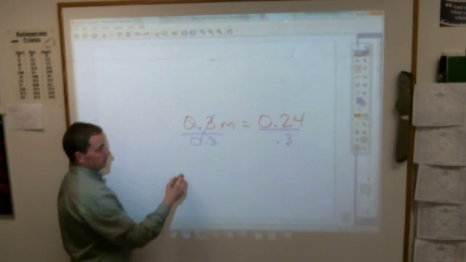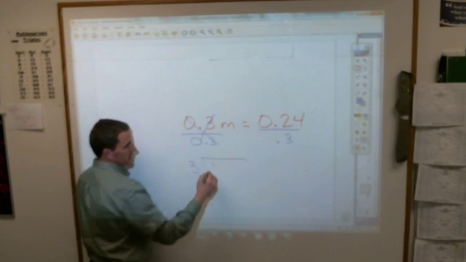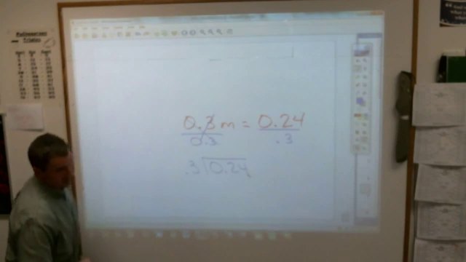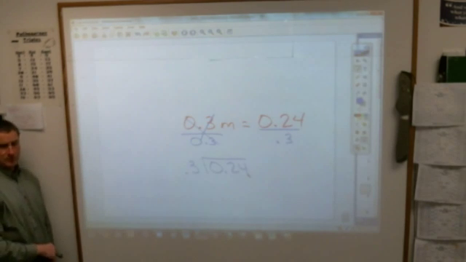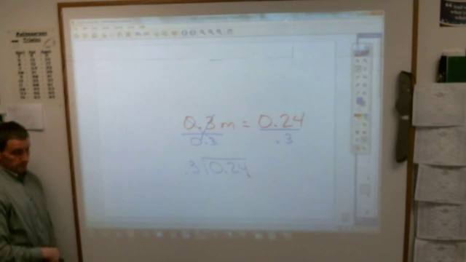And then you probably have to do that division problem out, where it's 0.3 divided into 0.24. Some of us still struggle with decimal division here. What do I have to do there? Jaden, shoot. Bring up the decimal. Not yet, I don't. Drew?